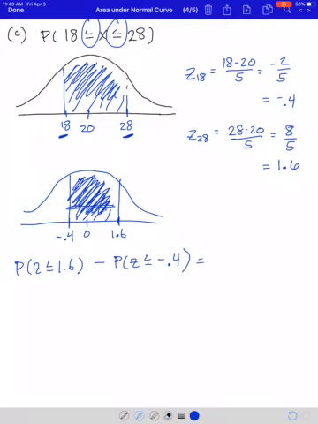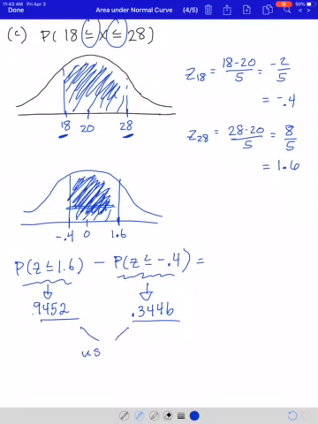So we can look up these areas or probabilities in our table, which I actually did earlier. I saw that with a z-score of 1.6, this area is equal to 0.9452. And when the z-score is negative 0.4, I saw that the area is 0.3446. So again, these I just got using the table.